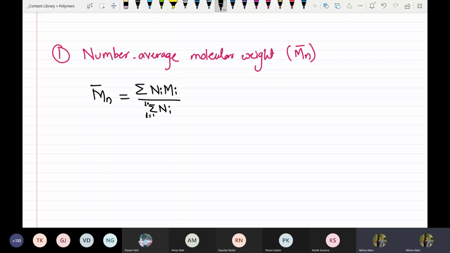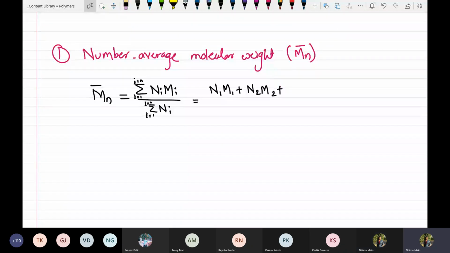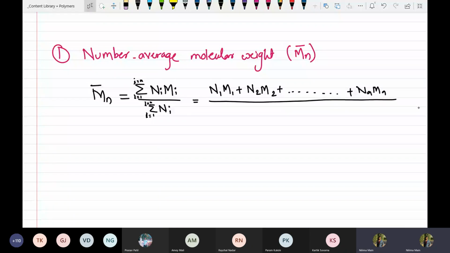So you can note down this formula actually, and then you can expand it. I will expand it. I think we divided it into 9 parts, right? So N1M1 plus N2M2 till N9M9, divided by the total number, N1 plus N2 plus till N9.